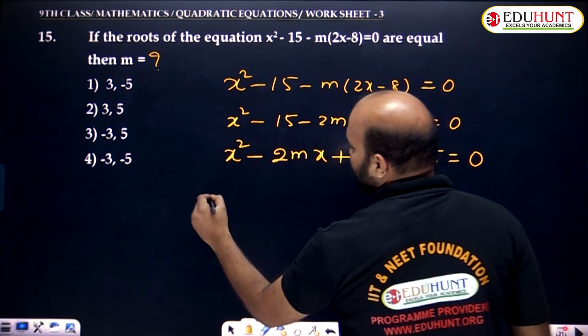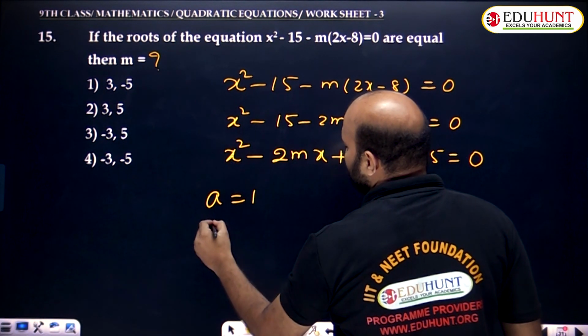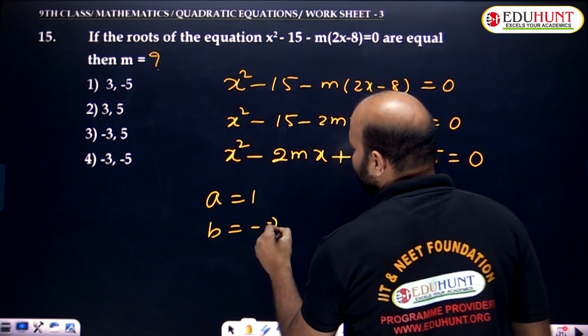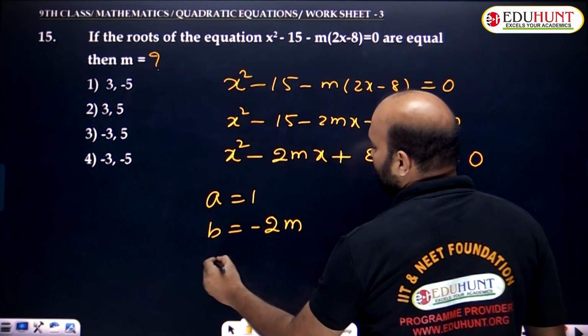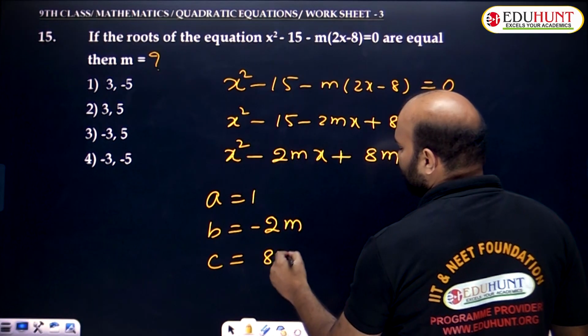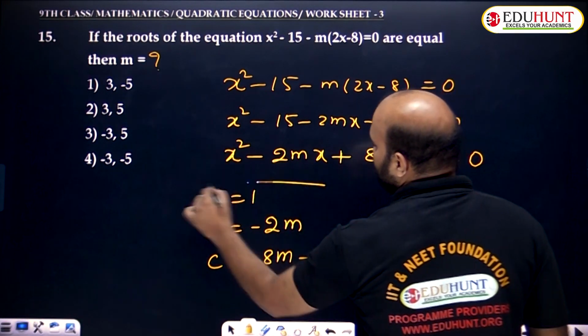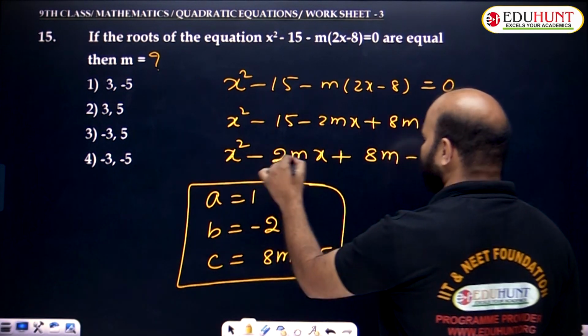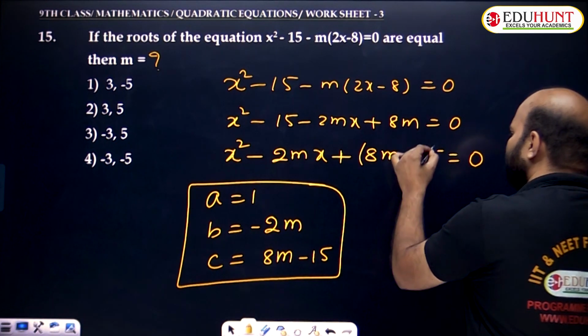Here the x square coefficient a value is 1, the x coefficient b value is minus 2m, and the c value is 8m minus 15. This is the general form of ax square plus bx plus c equal to 0.